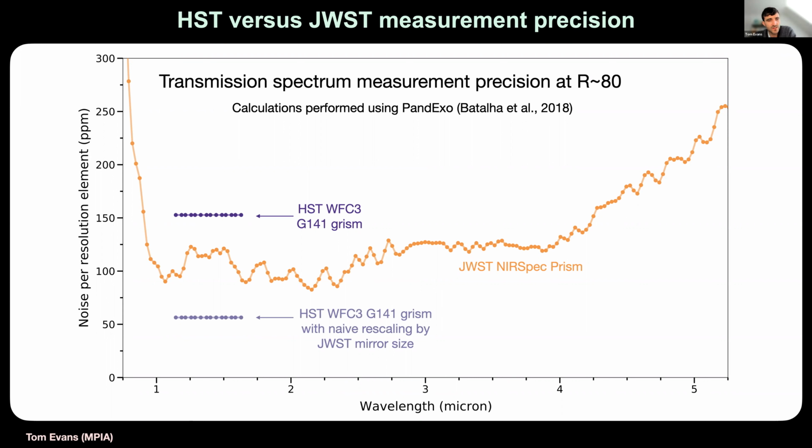So given that JWST's noise won't necessarily be a factor of 3 lower than HST over an equivalent wavelength range, and given that we're already struggling to detect spectral features on sub-Neptunes that should be 3 times easier with HST compared to TRAPPIST-1e, then this means that it's going to have to be the extended wavelength range of JWST that does the heavy lifting if we're going to have a hope of detecting spectral features in temperate terrestrial atmospheres.